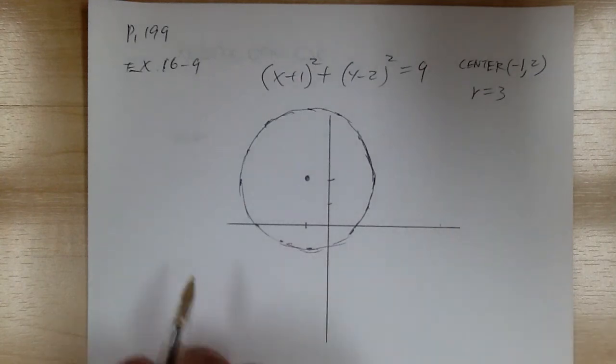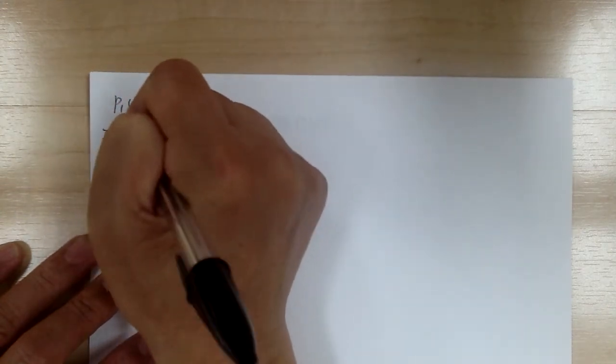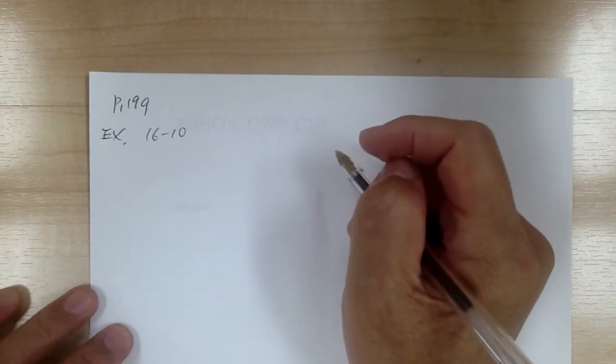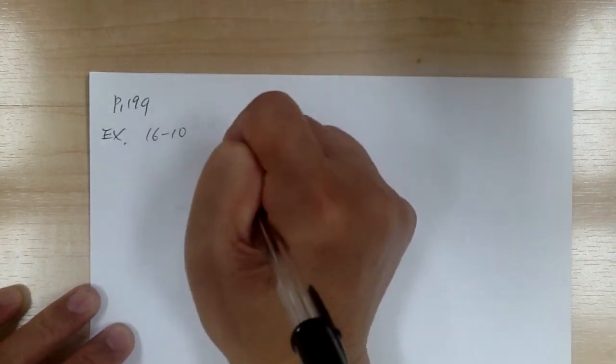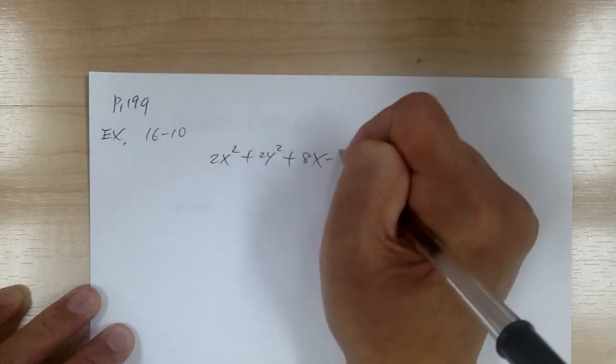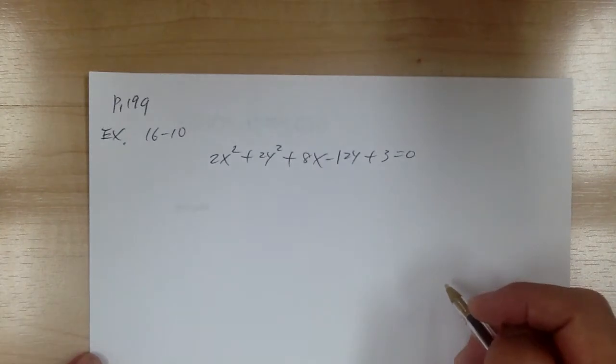Okay, let's go to example 16-10. It says, find the center and radius of the circle described by 2x^2 + 2y^2 + 8x - 12y + 3 = 0.